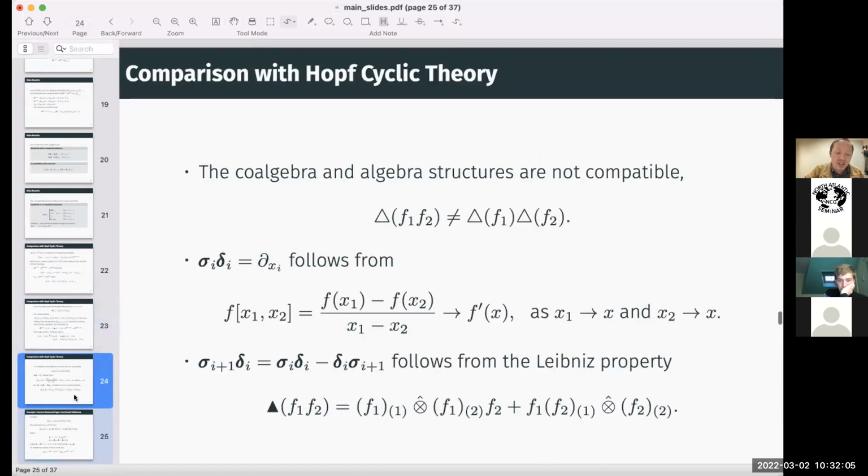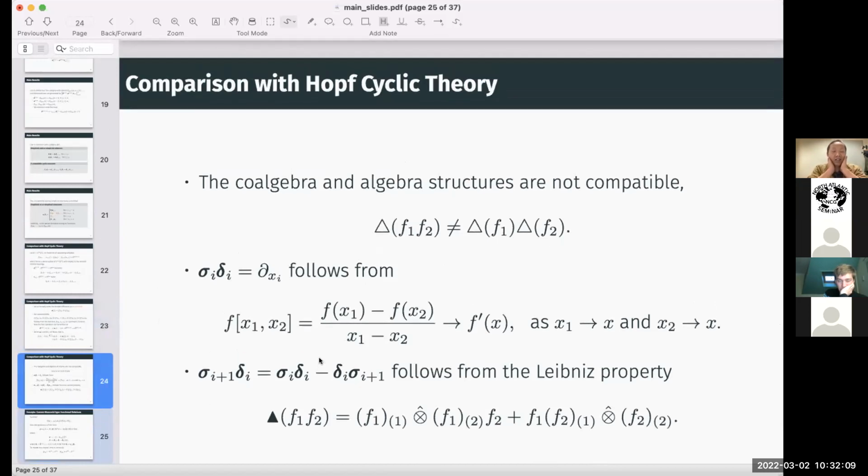Okay, so any questions so far? We have a sort of potentially Hopf-cyclic structure, but I would like to ask Alain and other experts in algebraic topology: are there tools in homological algebra to handle such a situation?